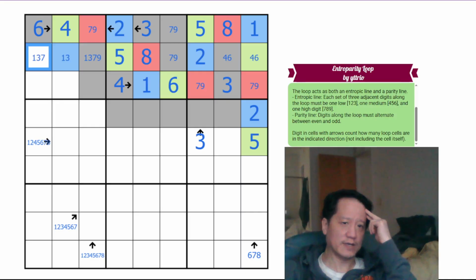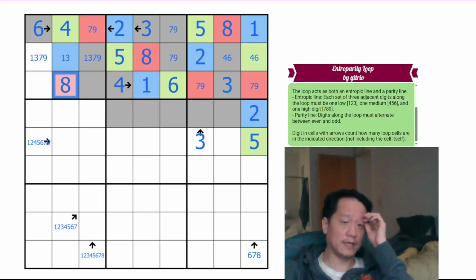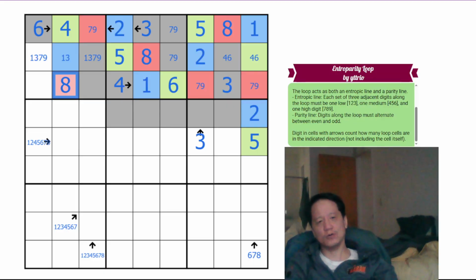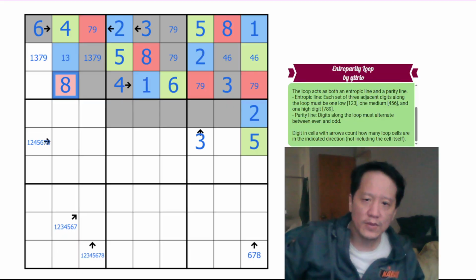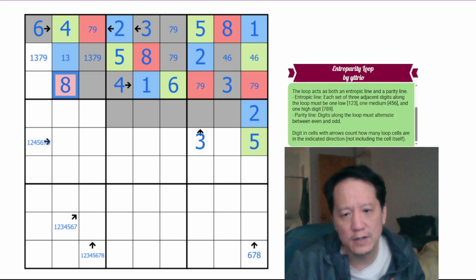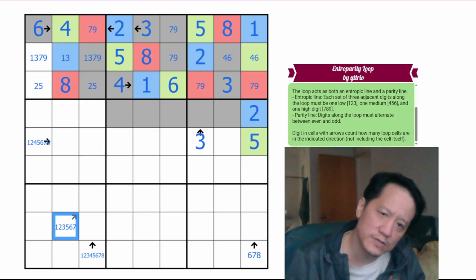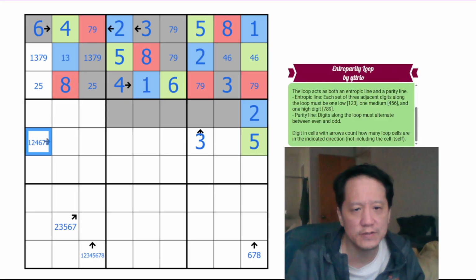We have 1, 3, 7, 9 remaining. We have 8 there to be a high even digit next to the low odd digit. This is 2, 5 as a pair. This sees at least 2 cells on the diagonal.